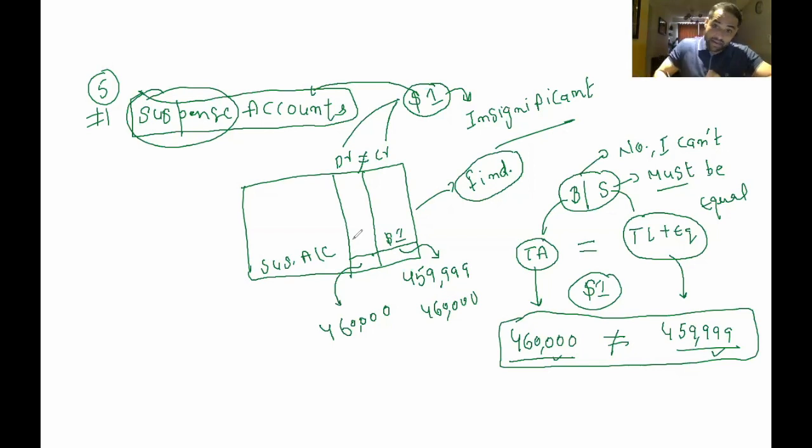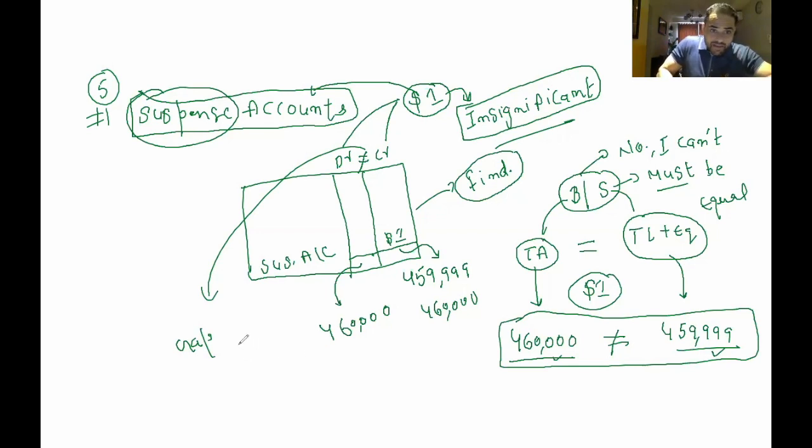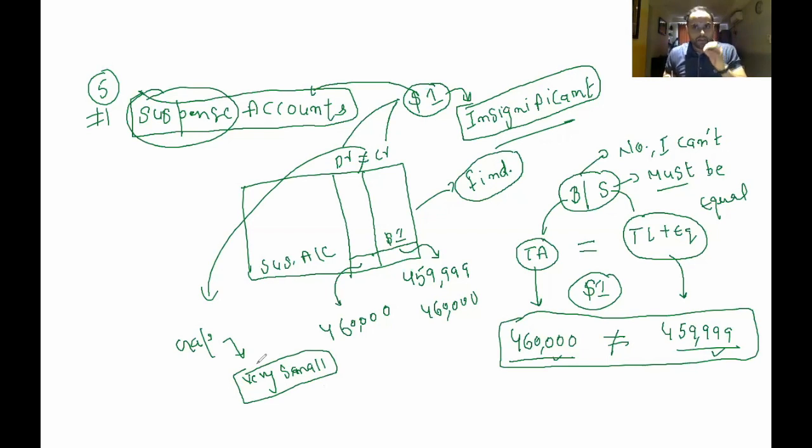But remember, one condition for a suspense account is to make sure the gap between debit and credit must be very small. Now, this is not a precise meaning of very small. What is the meaning of very small? Very small means that the gap between debit and credit, in dollar value, does not give very big impacts.